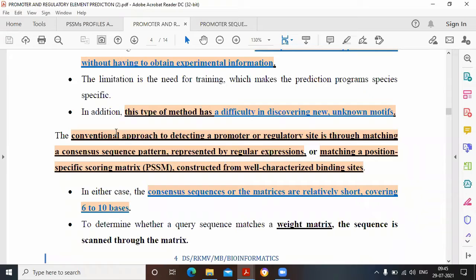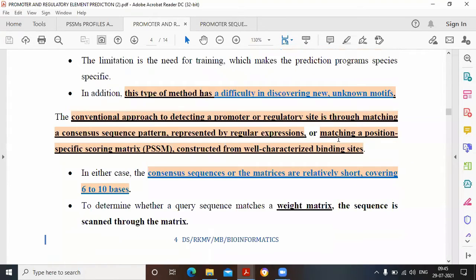Number 1. Number 2, in some cases we apply a matching position specific scoring matrix. With respect to a particular score, we tell how much score this consensus sequence gives.